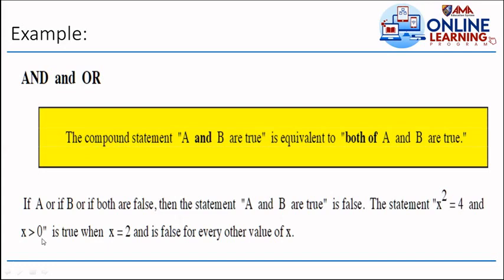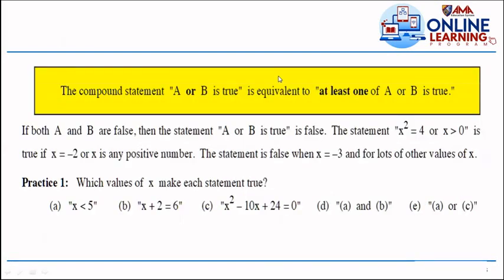Okay? So yun po yung and statement natin. Both A and B are true. Di tulad sa equivalent statement natin, A and B are true or A and B are false. Sa and statement natin, dapat yung A and B are true. Walang false sa kanila.